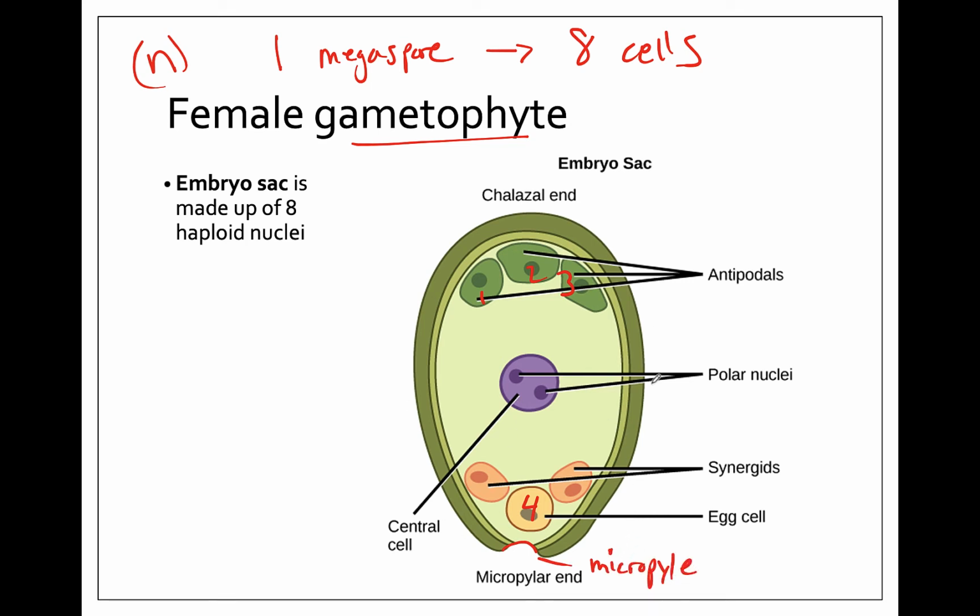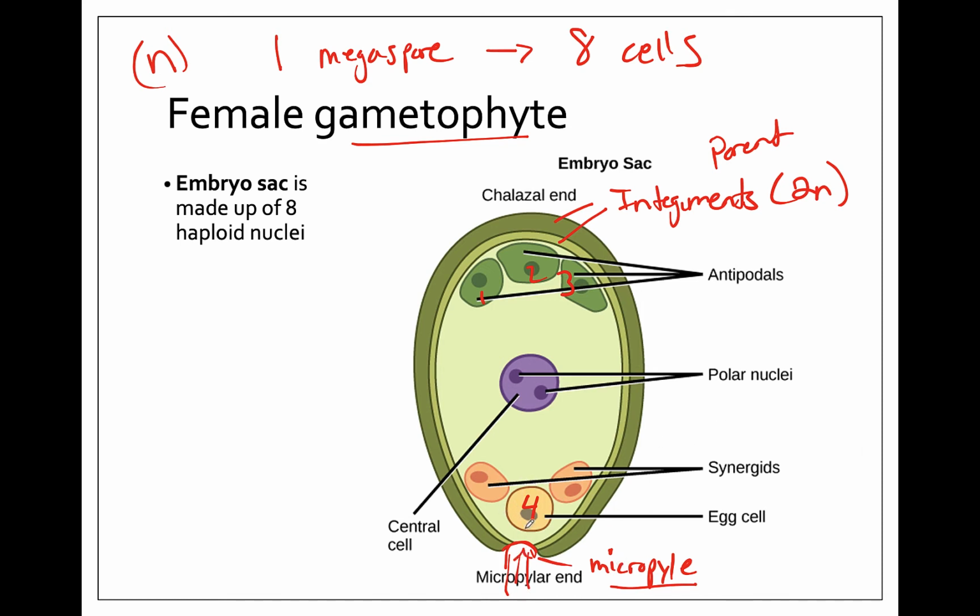The entire female gametophyte is surrounded by 2 integuments. So 1, 2. These integuments are diploid. These are from the parent plant. And these integuments have an opening on one end called the micropyle, where we're actually going to be able to see the sperm enter into here for fertilization.